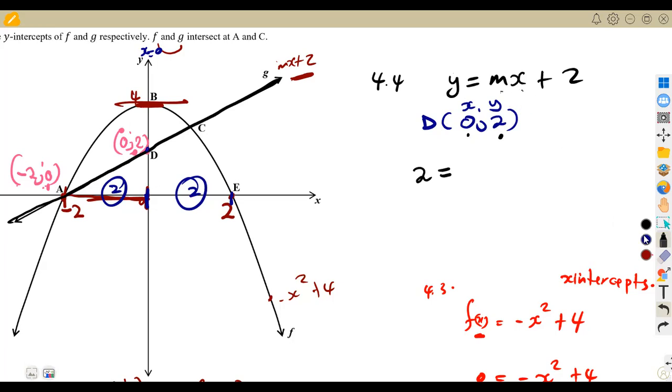So remember what I said, guys, any number times a 0 is going to give us a 0 in this case. So there's nothing that you're going to get because our x is a 0. So this one is not going to give us anything because it's going to be 2 is equal to 2. So this 0 was limiting us. So we are not going to win if we use the point D. Sorry for that. So let us move on.